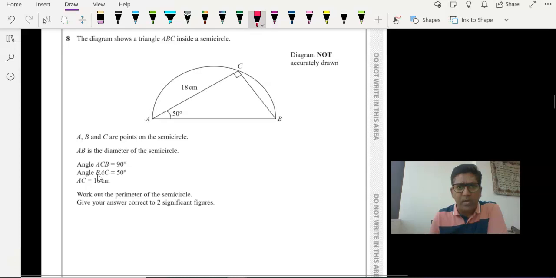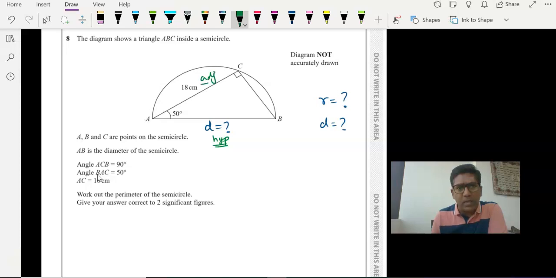Now to find the perimeter of the semicircle, we need the radius or the diameter. So side AB is the diameter. I need to find this side. Now since it is a right triangle, we can use SOHCAHTOA. So the required side is my hypotenuse for the triangle, whereas side AC is the adjacent side.